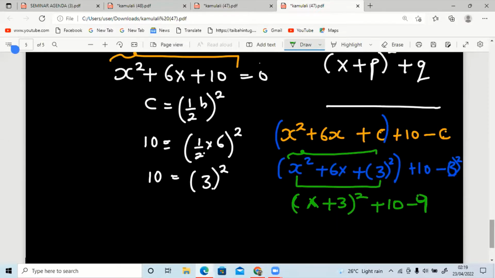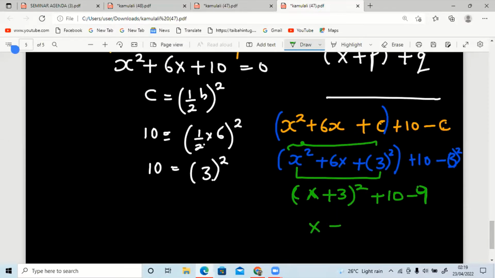Then I can now work out and say this is x plus 3, all of it squared, plus 10 minus 9, which is 1. So now I'm already expressing in square. This is already a step towards the answer. Have you understood that?